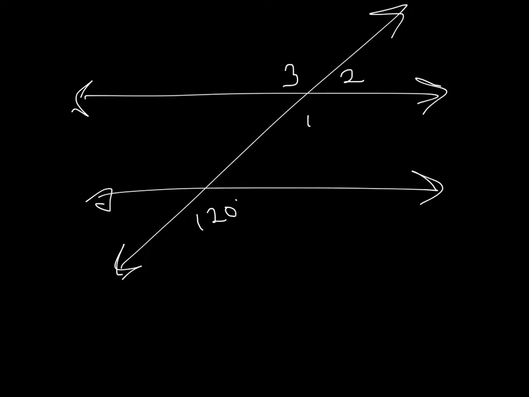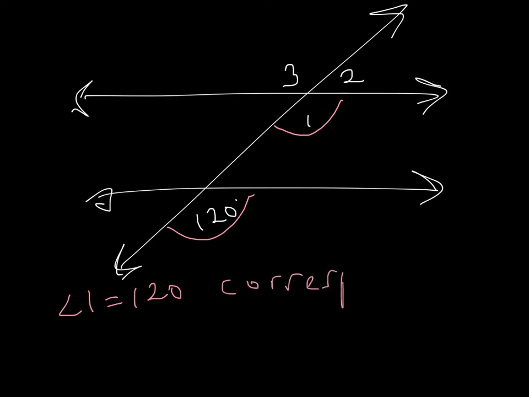How do you do that? Okay, well, let's start with what we know. 120, this angle is corresponding with 1, right? So angle 1 equals 120 because they're corresponding angles, right? Corresponding angles. That's the sign for angles, okay?